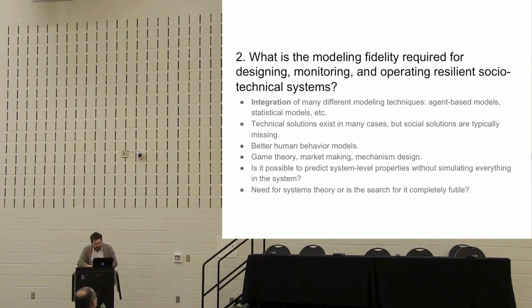Anyway, so what is the modeling fidelity required for designing, monitoring, and operating resilient socio-technical systems? Here we basically listed everything. This is expected: agent-based models, because we have to deal with humans; statistical models, because we have to analyze data; and of course, there are physical models in the background. It's extremely complicated.